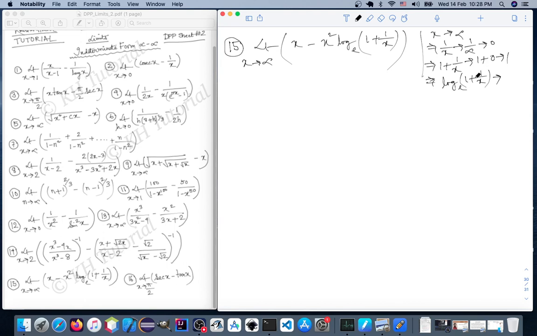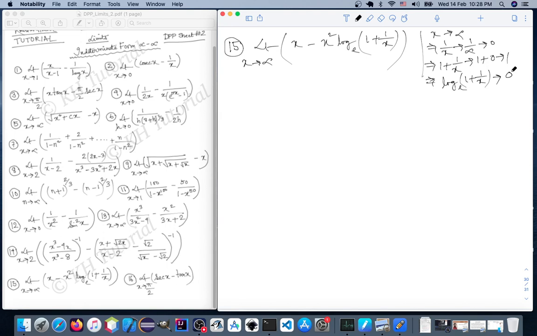1 by x tending to 0. Also log of e 1 plus 1 by x is tending to 0, but we have x squared.